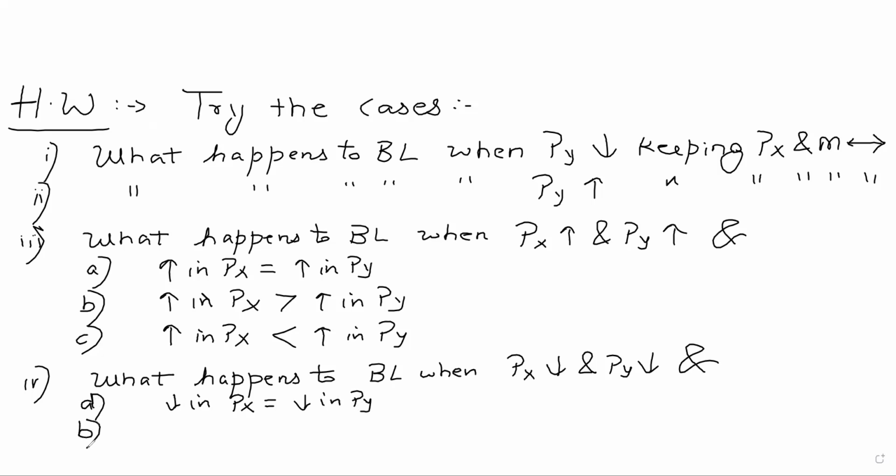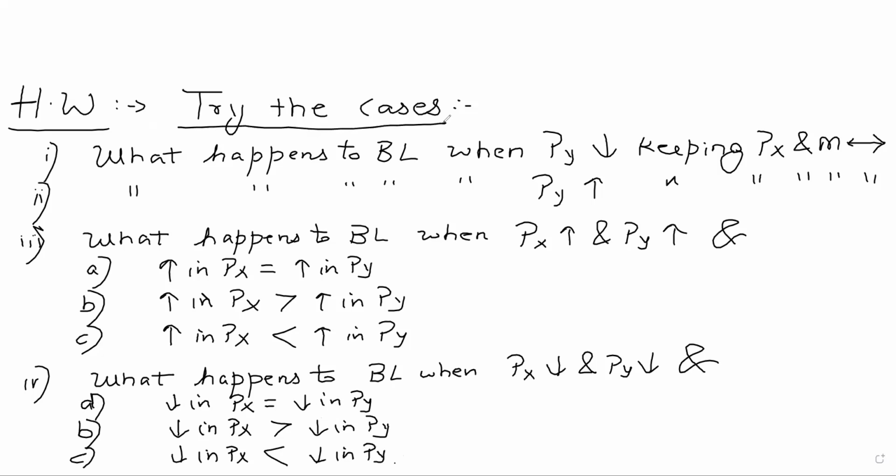Case B, fall in Px is more than fall in Py. And case C, fall in Px is less than the fall in Py. So guys, try these cases at home, okay? And you can get them cross-checked from me, okay?